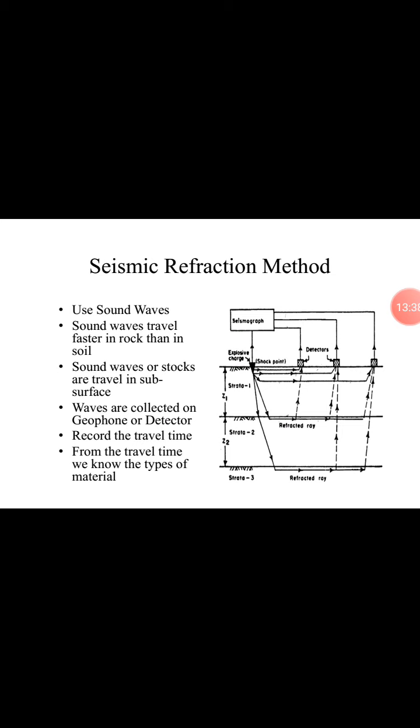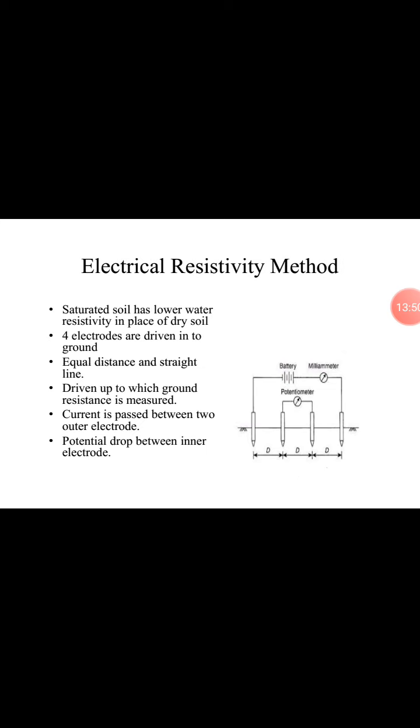Here one transmitter and one detector are required, and the travel time is recorded, and from the travel time we know the type of material or type of soil. So in the seismic method, sound waves, a geophone or detector, and a transmitter are compulsory.